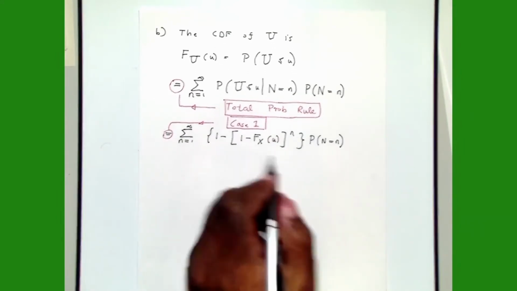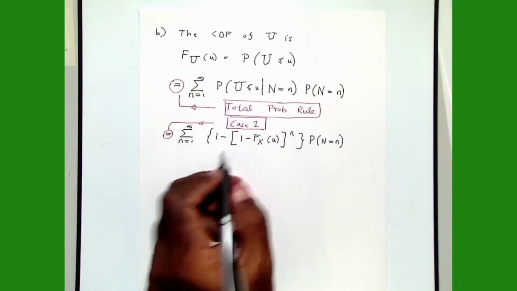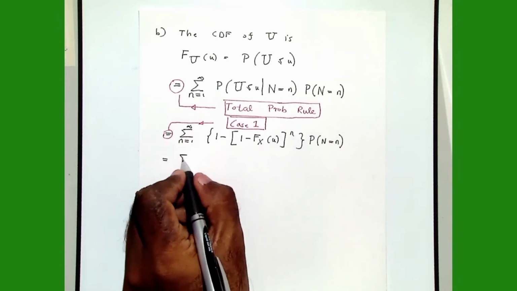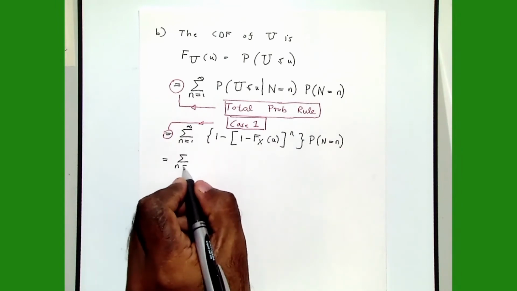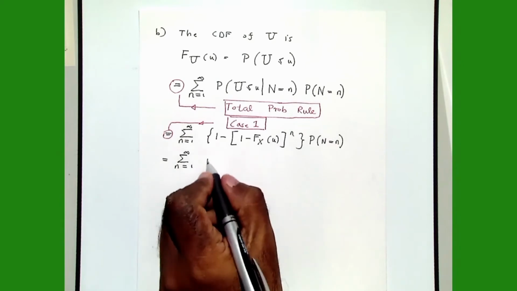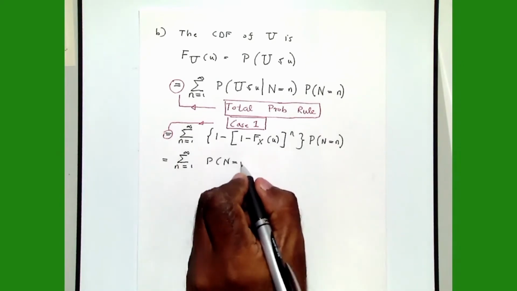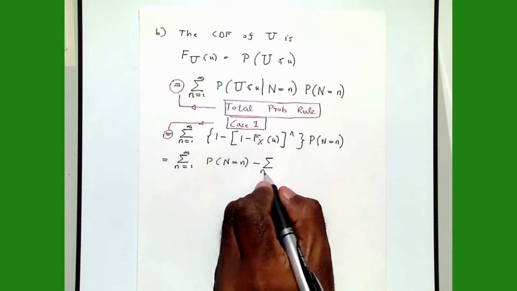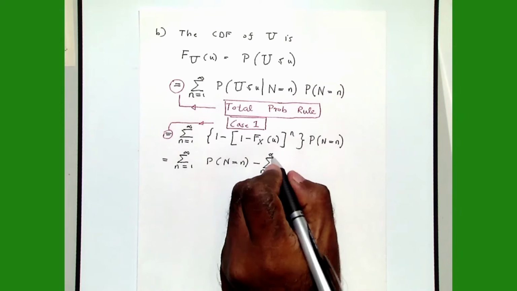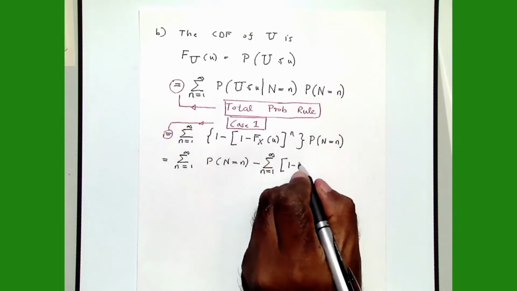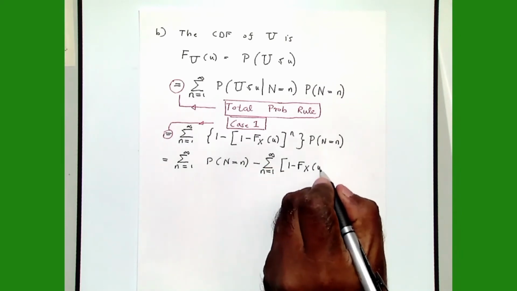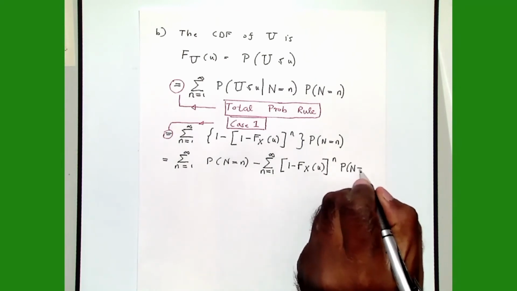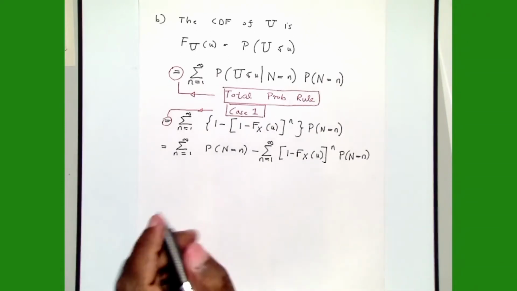Now we can simplify this further. Because you have 1 minus, you can put this as 2 different sums. Right, so you get 2 different sums.